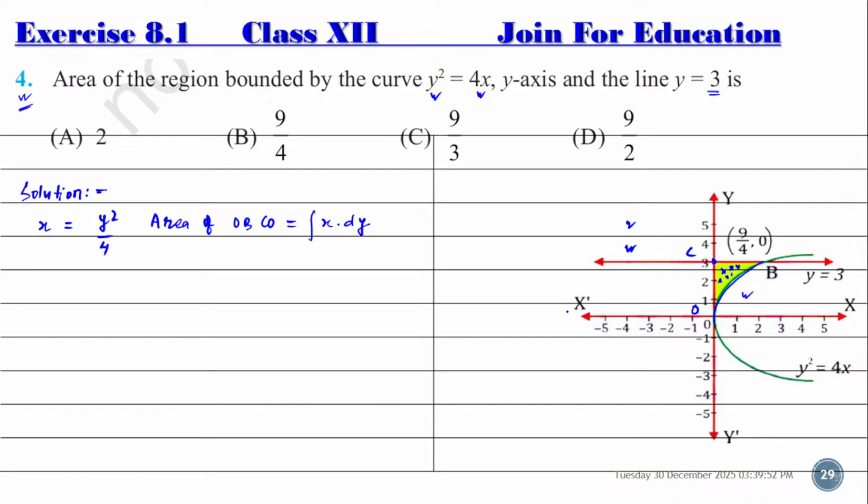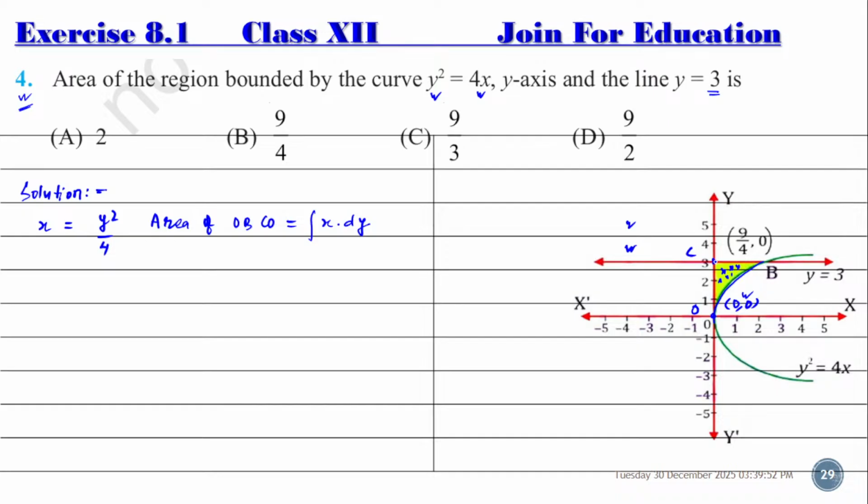Let's see what is the limit: when y equals 0, then we get x equals 0. So the coordinate of this point is 0, 0.